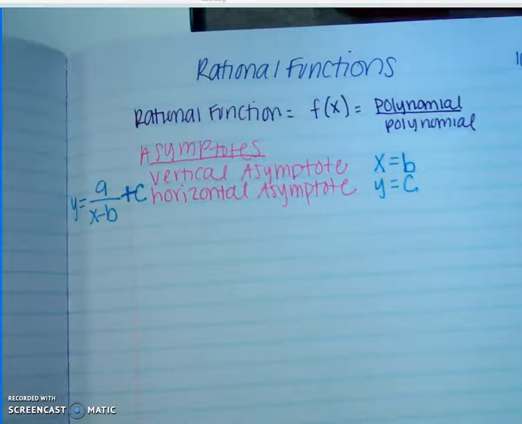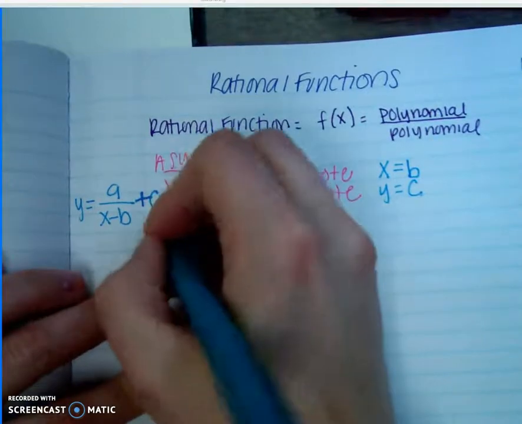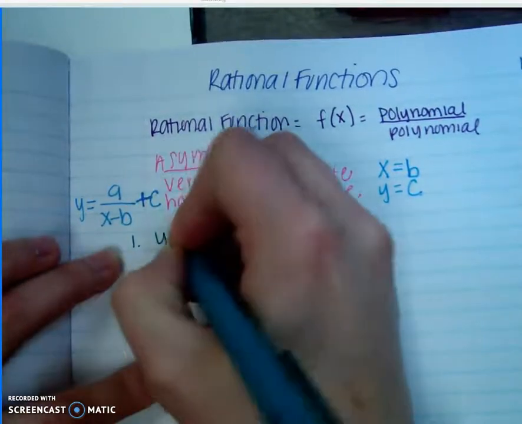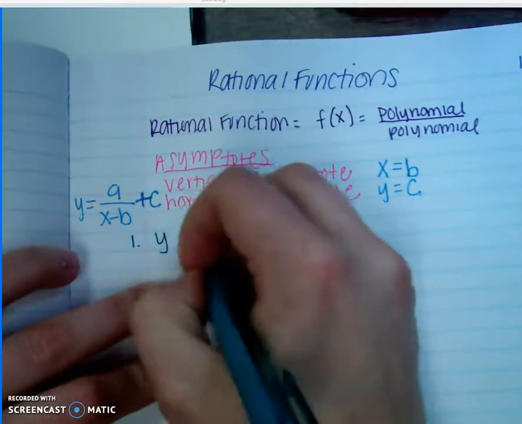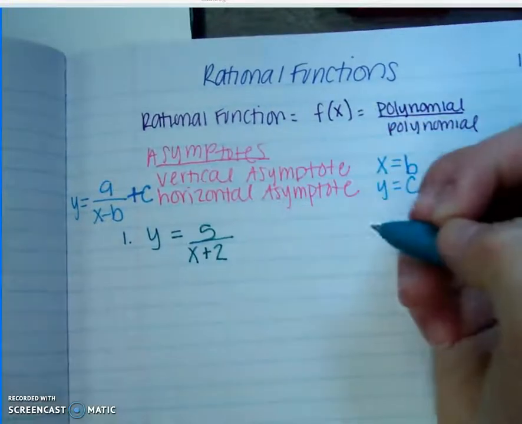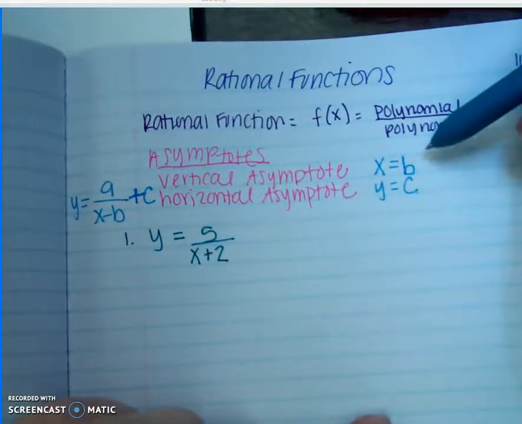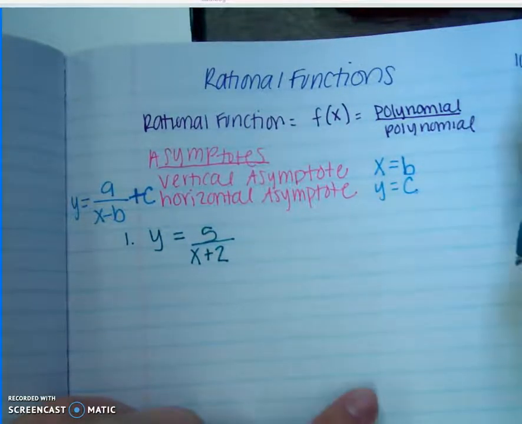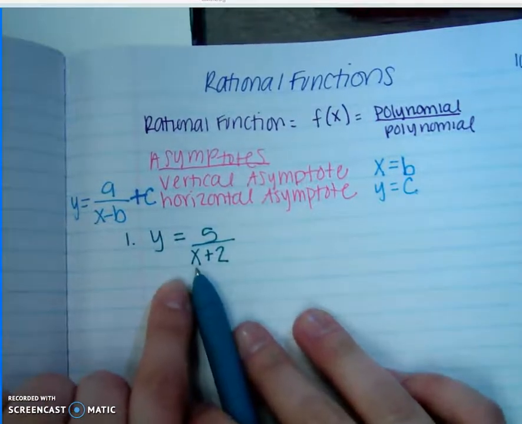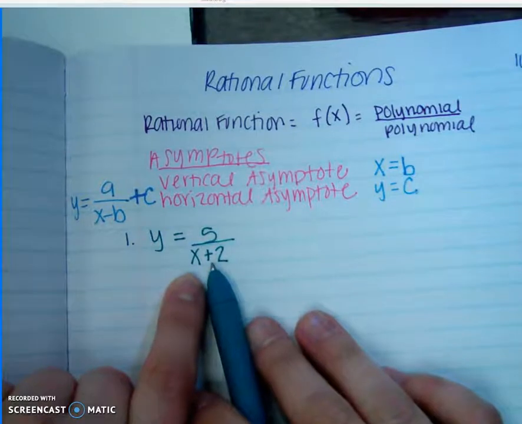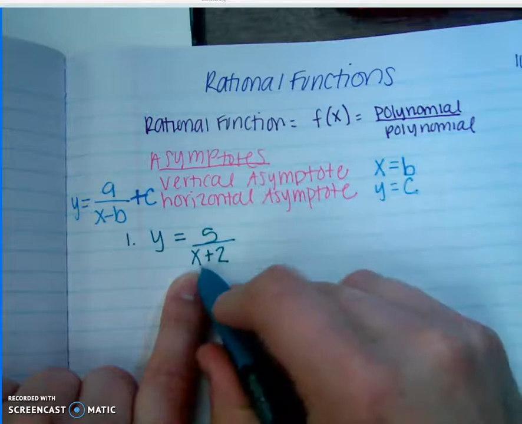All right? So if I had the function y equals 5 over x plus 2, the first thing that I need to do is identify the asymptotes. So what can x not be to be the excluded value? The denominator can't be 0. x cannot be negative 2.